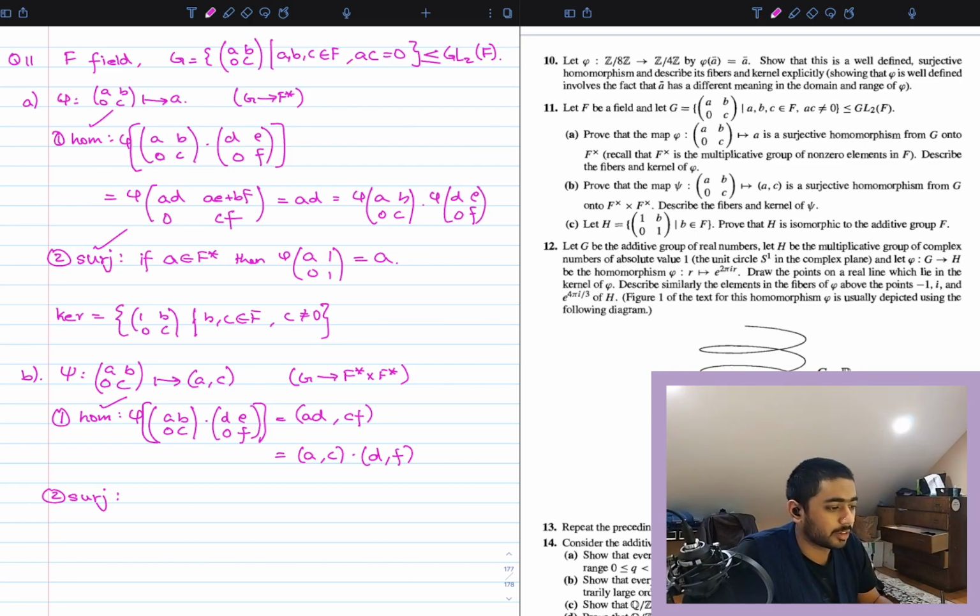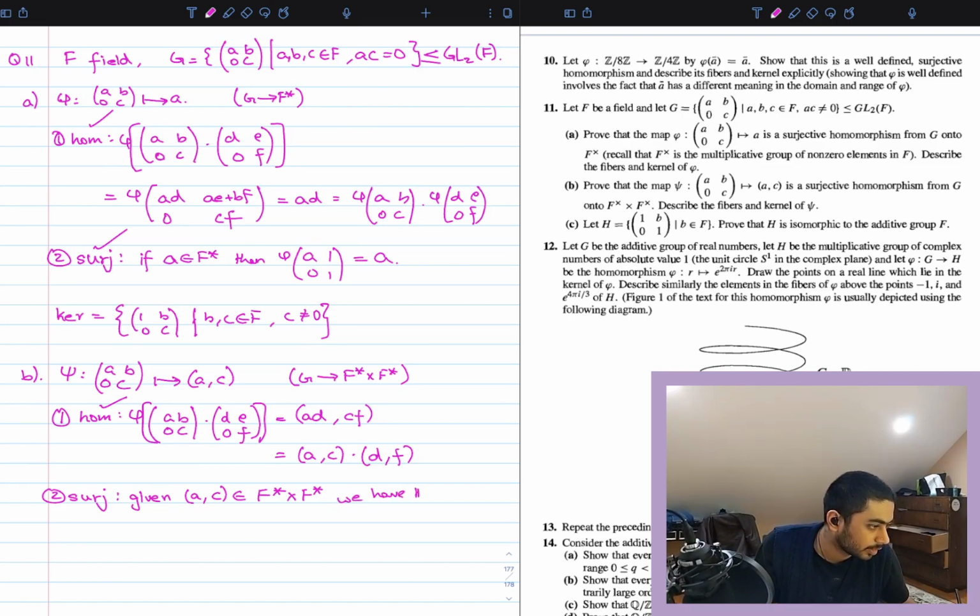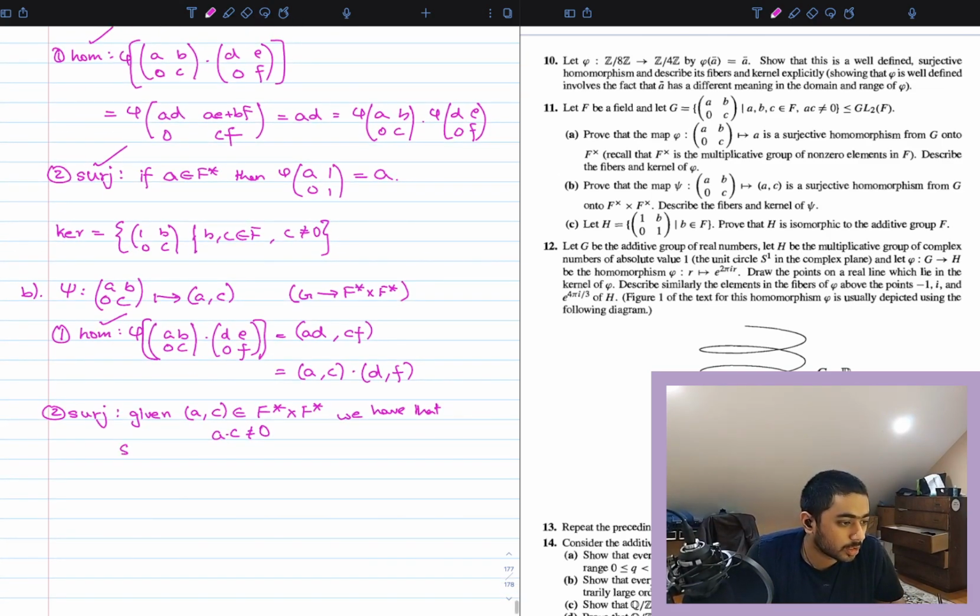Given any pair (A, C) in F star cross F star, we have that this A times this C is not 0 because A itself is not 0 and C itself is not 0. And so phi of A10C gets sent to (A, C), and we have surjectivity as well.